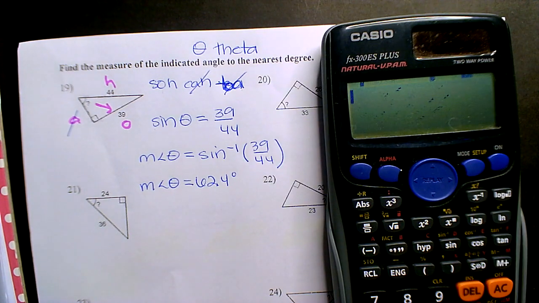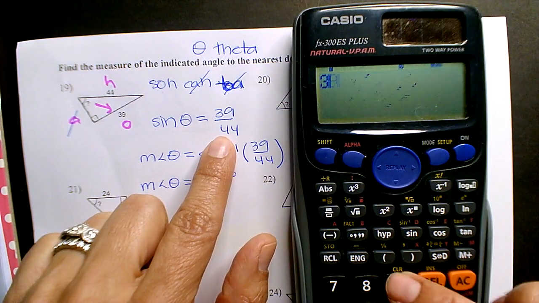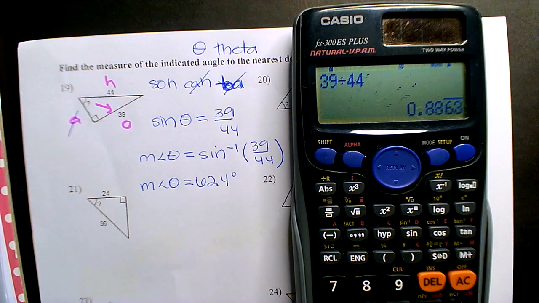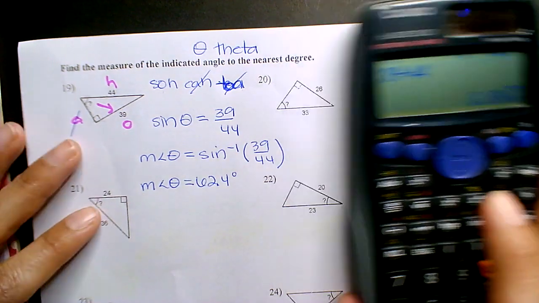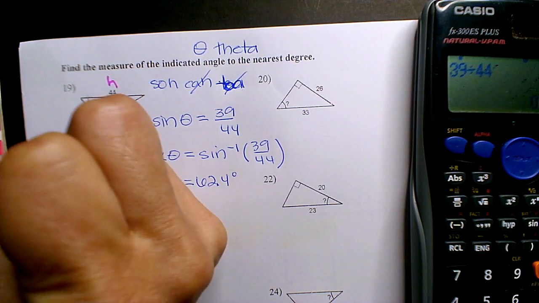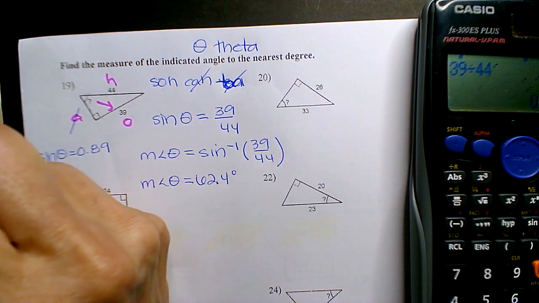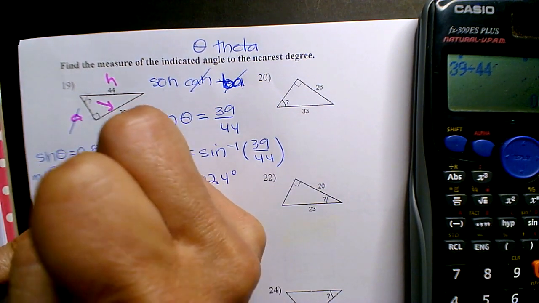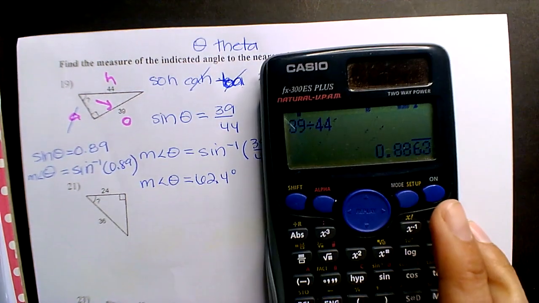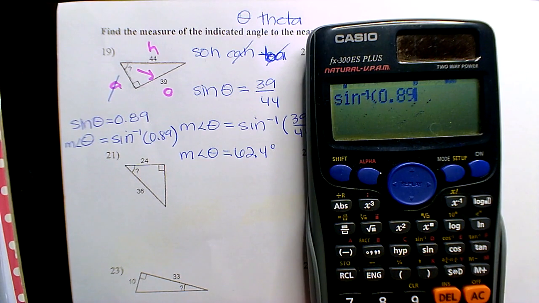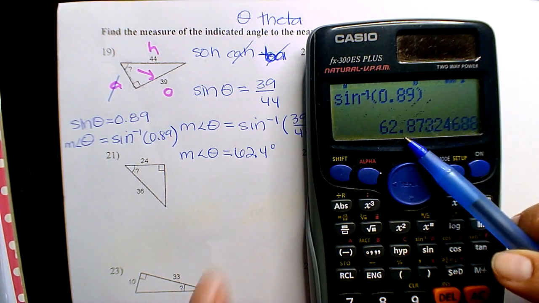For those of you, I'll have an equal amount of students that will first take 39 divided by 44, and they'll get 0.88 or 0.89. If you want to do sine theta is equal to 0.89 and then take the inverse of 0.89, put that in your calculator, shift sine 0.89, you get 62.8.